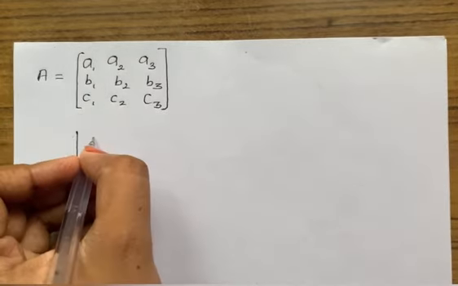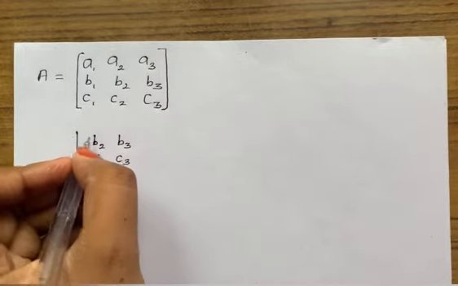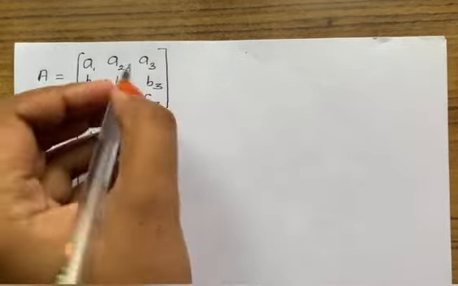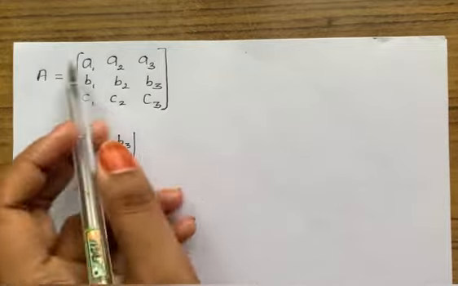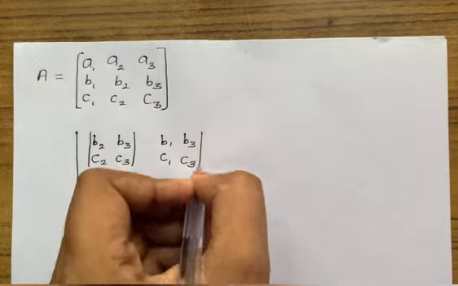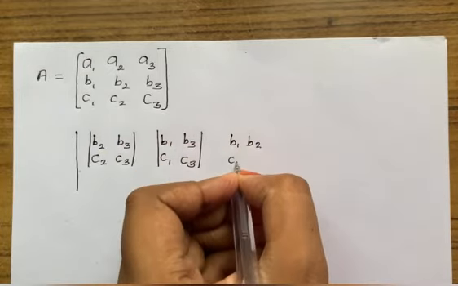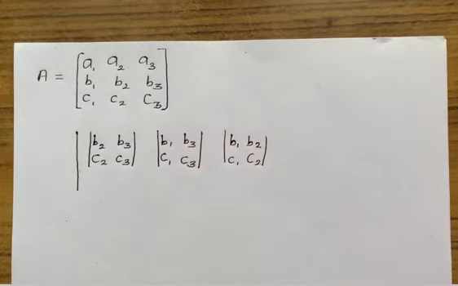We know how to do the cofactor when we do the expansion. So for a1 we have to close the row and the column of a1 and write the remaining 4 elements like that: b2 b3, c2 c3. With a2, that is b1 b3 and c1 c3, and for a3 it's b1 b2 and c1 c2.